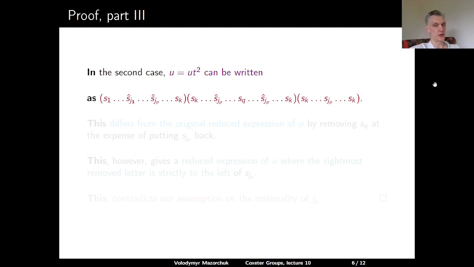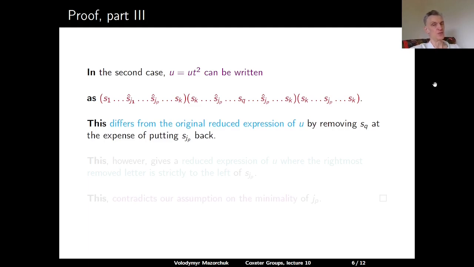Then we have our new expression for t, when we start from s_k, go down to s_q, forgetting the removed letters, and go back to s_k. And then we have our older expression for t, which is from s_k to s_jp, and then back to s_k. How does it affect the expression of u? It removes s_q, and it puts s_jp back.